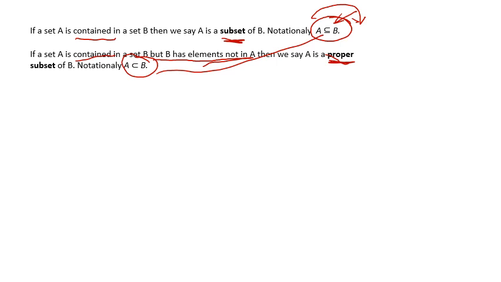For the one below here, proper subset, we have two conditions. Our first condition, everything on the left is contained on the right. The second condition, there are elements on the right side which are not on the left side.